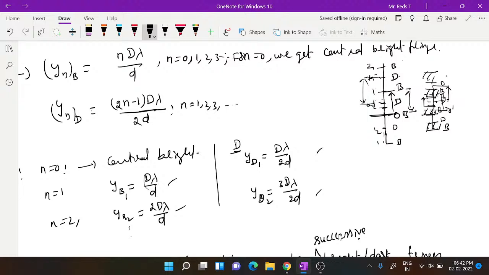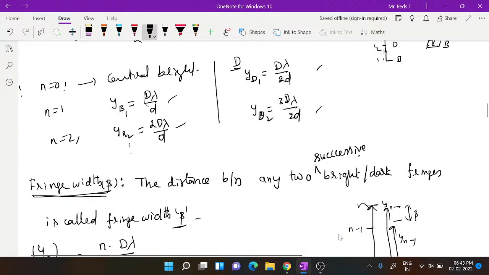The distance between successive bright fringes, not between first and third, and not between the center and the fourth or fifth. That is the meaning of successive. So the distance between any two successive bright or dark fringes is called fringe width, denoted by beta.